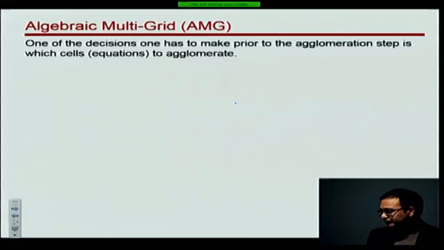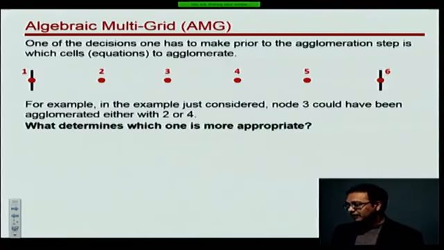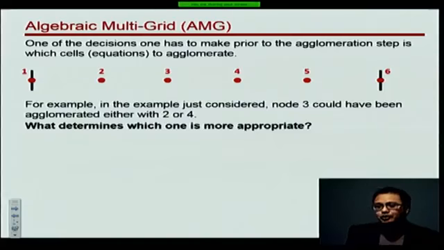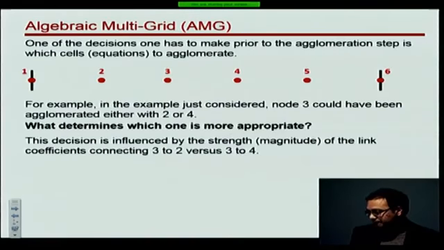So then comes the question: why did I decide that I want to agglomerate 2 and 3? What determines which ones I want to do? Why do I want to do 2 and 3 and not 3 and 4? That decision is influenced by the strength or magnitude of the link coefficients connecting 3 to 2 versus 3 to 4.